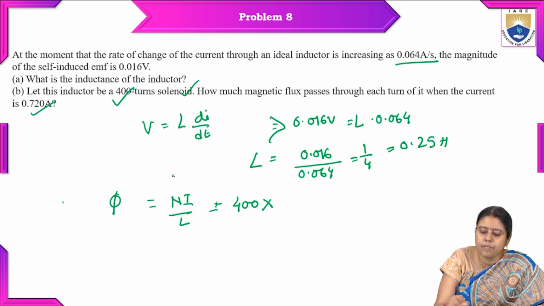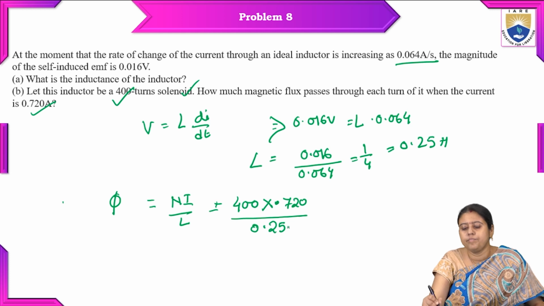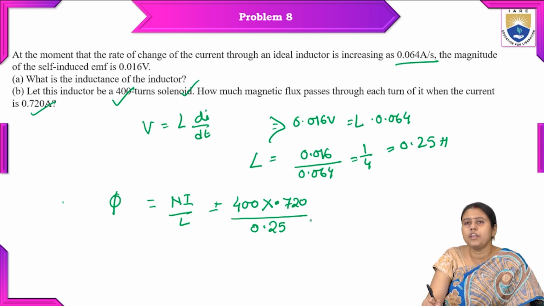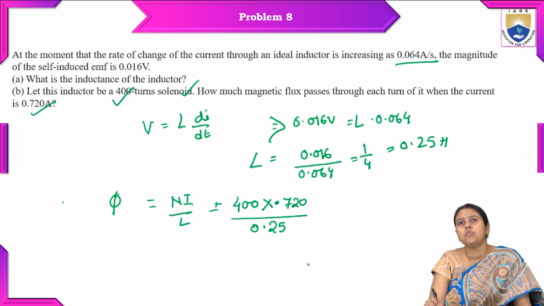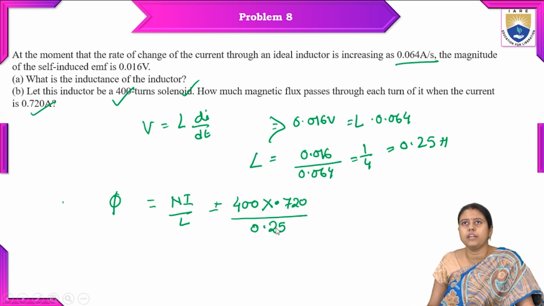What is I? I value is given as 0.720 ampere divided by L, 0.25 Henry. If we solve this equation, we can get the flux passing through each turn.